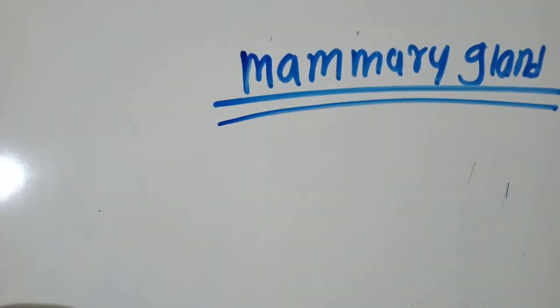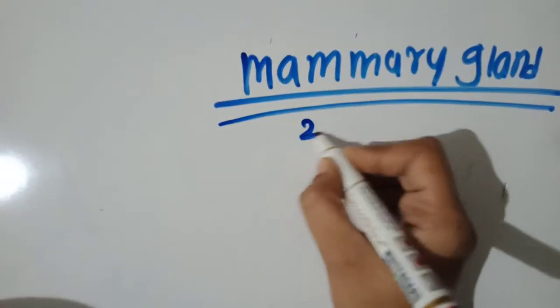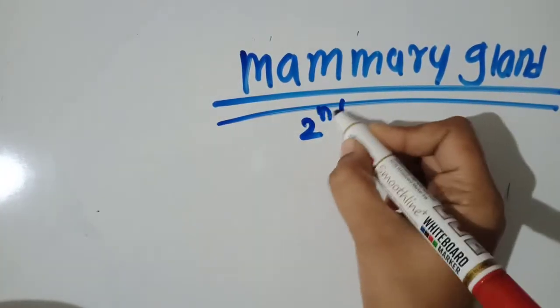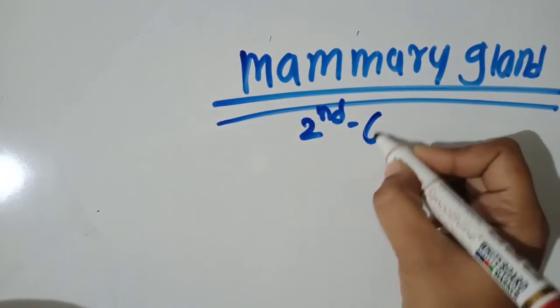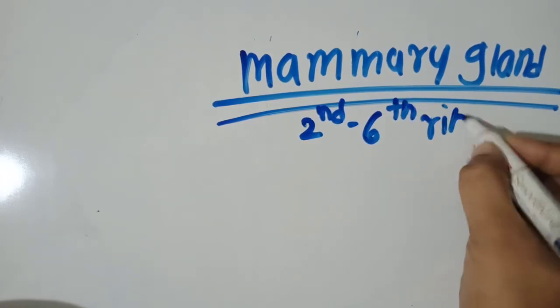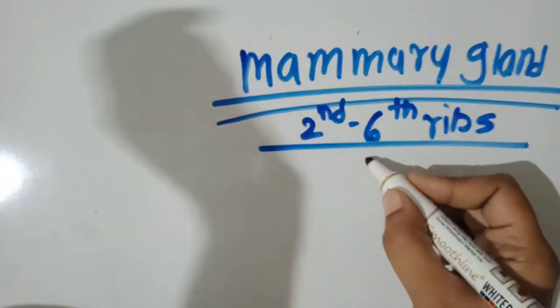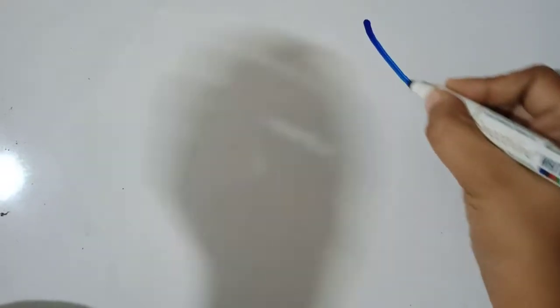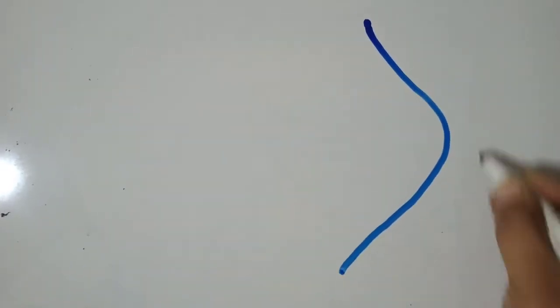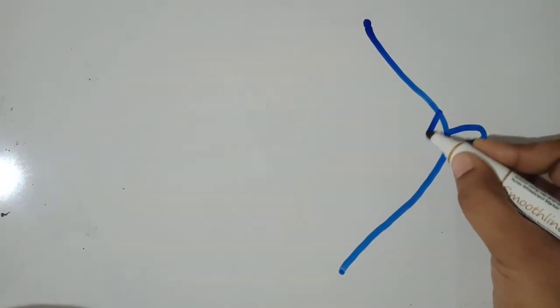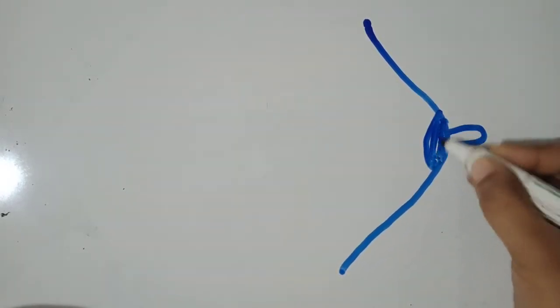The mammary gland is present in the thoracic cavity, in between the second and sixth ribs. If you see, it looks like this. Here is the presence of the nipple, and around the nipple it is surrounded with the brown area.